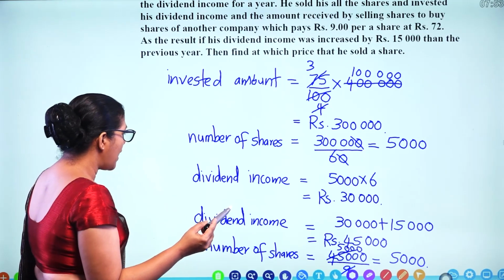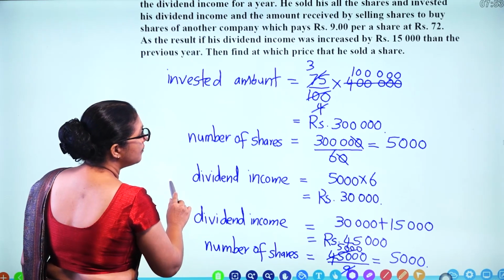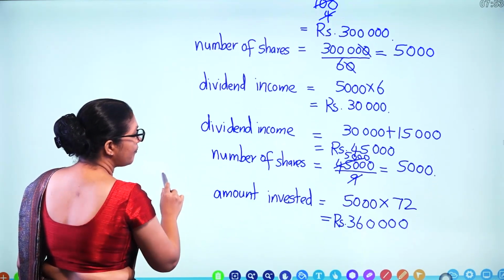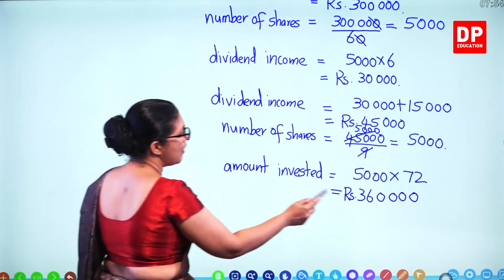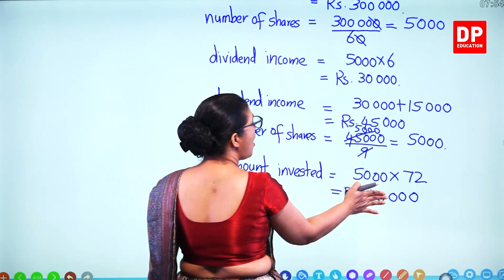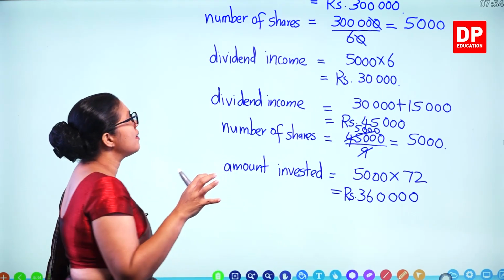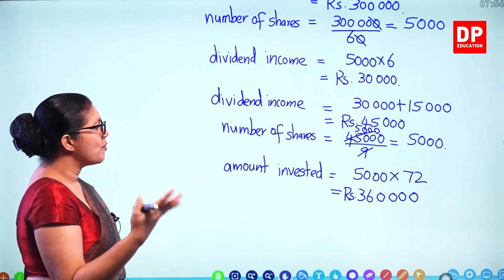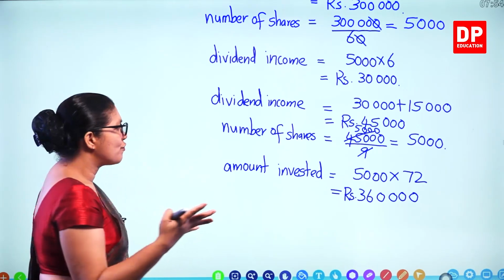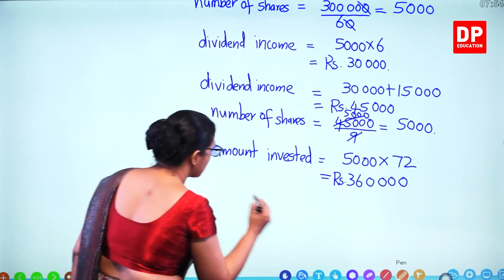So we can find out the actual selling price. This amount includes the 30,000 dividend income, so we have to subtract that amount to find the selling amount of all shares.